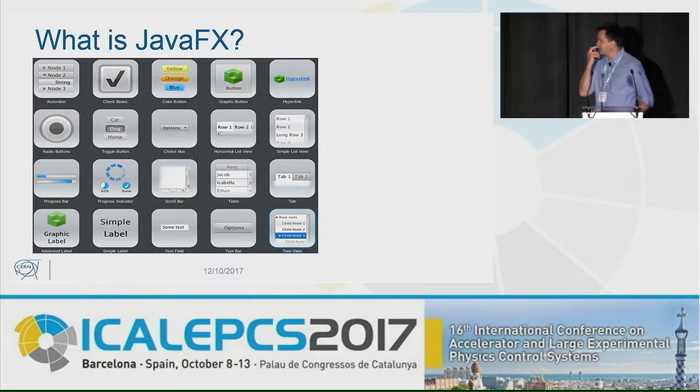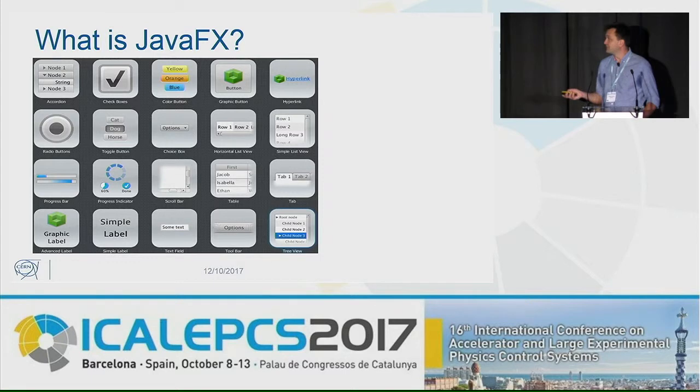Okay, so I will start with a quick introduction of JavaFX for those of you who might not be familiar with it. It's a GUI toolkit, a successor of Swing, which was announced as the better Swing, or Swing done the right way. The main part of it is a set of widgets, a rich and quite nice looking set of widgets.